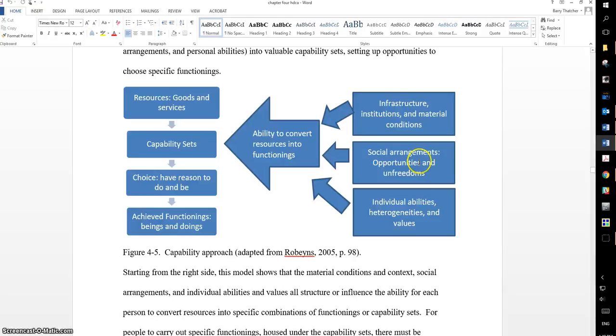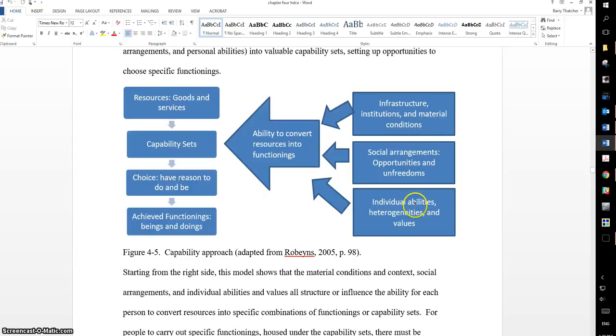But the social arrangements and the infrastructure at the U.S. university do not allow them to write in Spanish in their composition course. We don't have enough instructors in English composition that are Spanish bilingual, and our infrastructure in the United States and material conditions and institutions force these students to write in English.